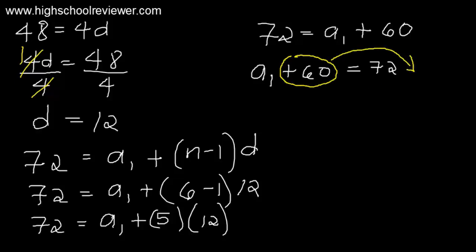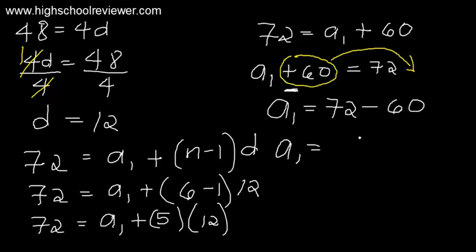What will be left on the left side will now only be a sub 1, and we will have here positive 72. If we transpose positive 60 to the other side, it will change sign. From positive, this will become negative. So our a sub 1 will be equal to 72 minus 60. This is equal to positive 12. So therefore, our a sub 1, or our first term, is positive 12. And this is our final answer.